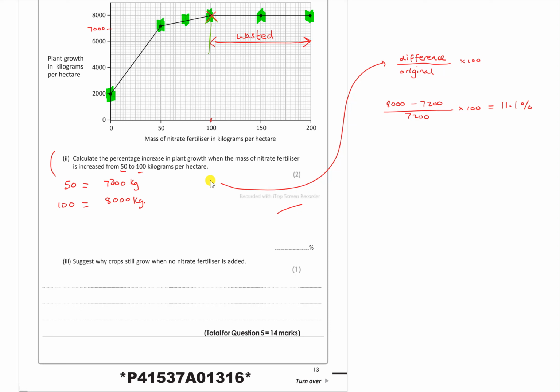So that's why plants still grow when no nitrate fertilizer is added, right? Because nitrates in different quantities are always in the soil. So nitrates present in soil, right?